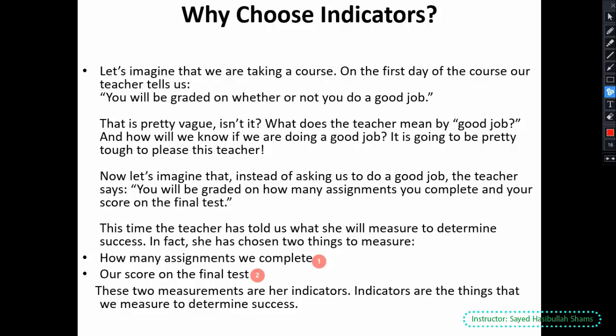So through these two indicators, he or she makes decisions about our performance and our next level class. They set targets for us, and we must achieve those targets to move on to the next class.